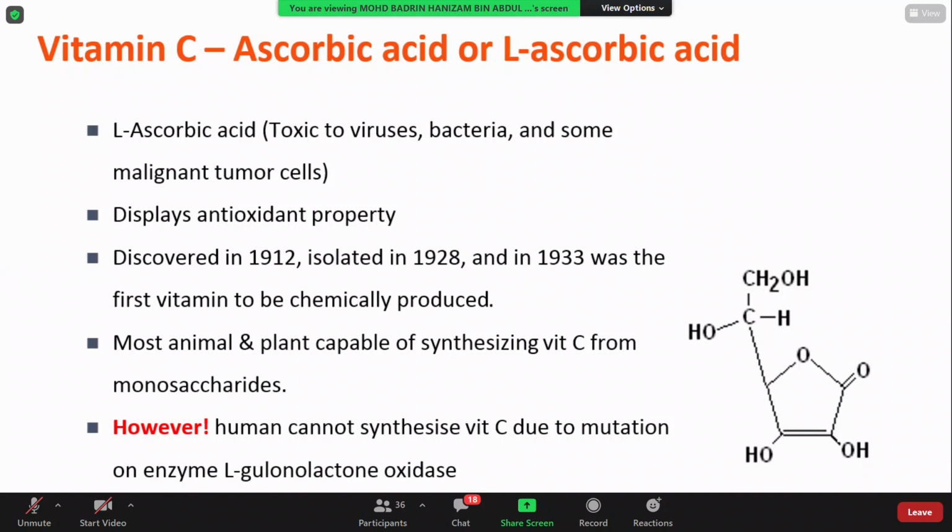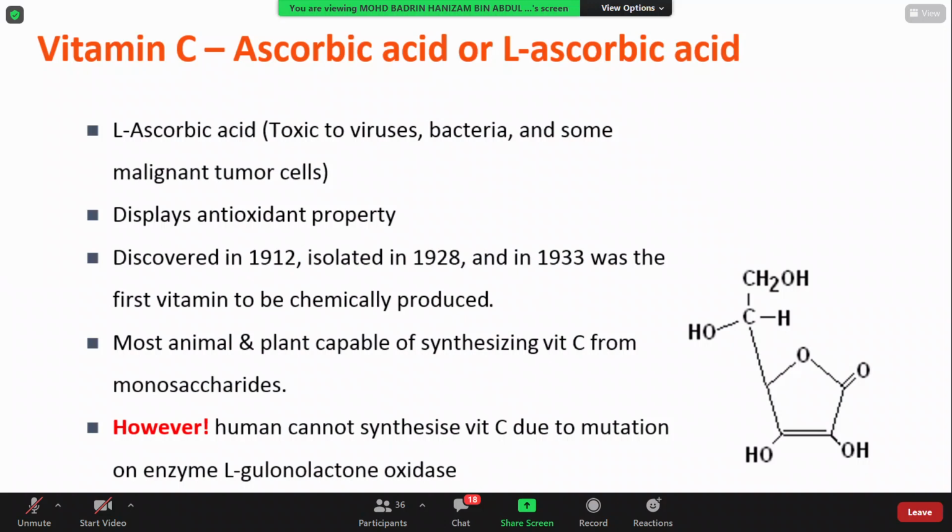So by right, maybe our ancestors had this enzyme, but after maybe centuries, after a million years, or maybe I don't know, the mutation occurred in our body so much so that our body is not capable of producing this enzyme anymore. So that's why we as humans cannot synthesize vitamin C.